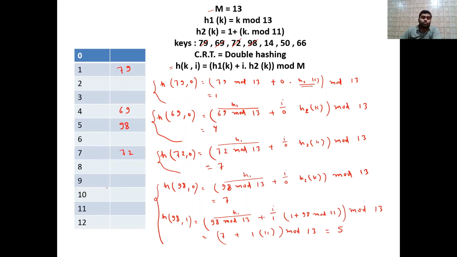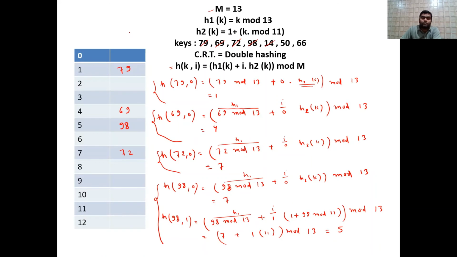So 98 is over. Now the next value is 14. So in case of 14, observe carefully. So h of 14 comma 0. So again follow the same process. So it is 14 mod 13. h1 is k mod 13. So 14 mod 13.